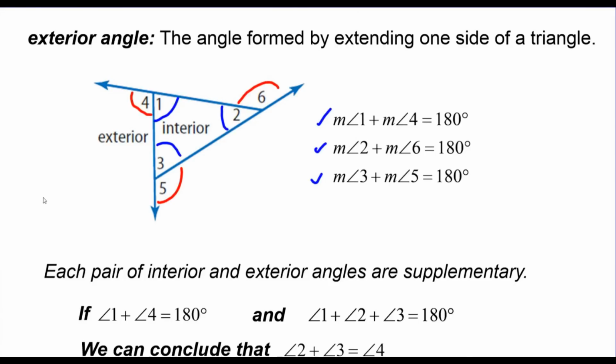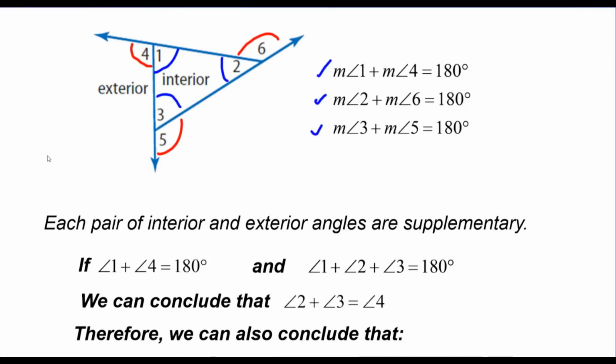So let's investigate that a little bit closer. So if angle 1 plus angle 4 equals 180 degrees, and I know that 1 plus 2 plus 3 equals 180 degrees, we can conclude that angle 2 plus angle 3 equals angle 4.